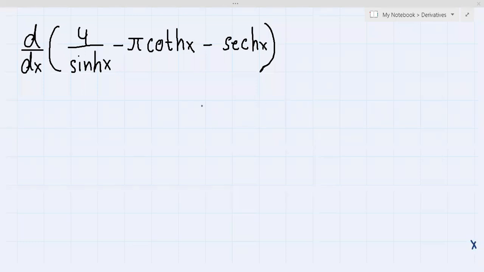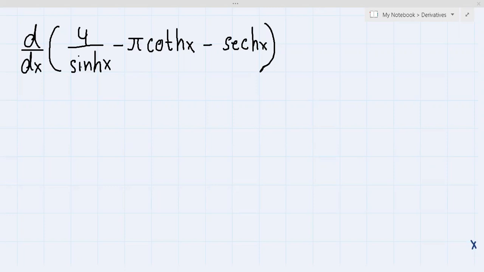All right, so this would be our last problem. We will get the derivative of 4 all over hyperbolic sine x, or sinh x, minus pi times cotangent hx minus secant hx.